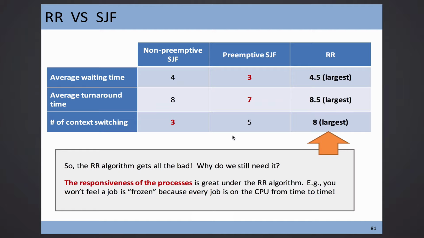You can imagine what happens if I have a bigger quantum. Let's say you invent a new scheduler and let every process have a quantum of 1 second of real time. Then you can imagine what happened to your system. If it's 1 second, what will happen?